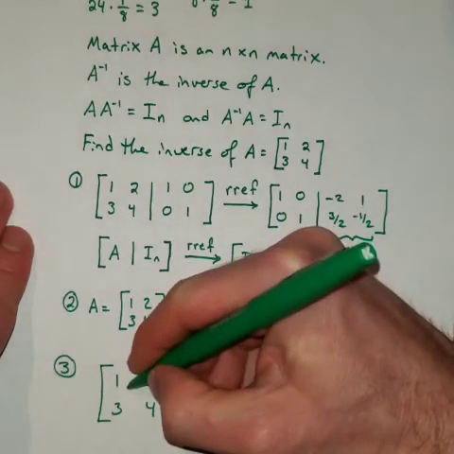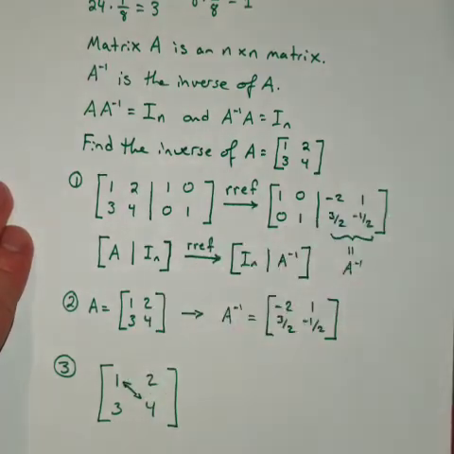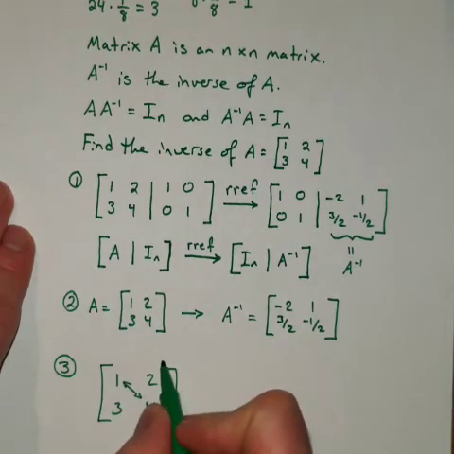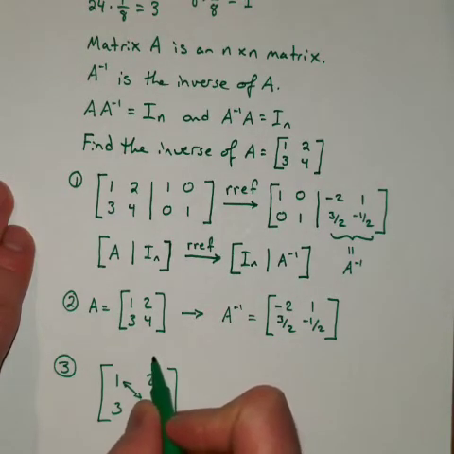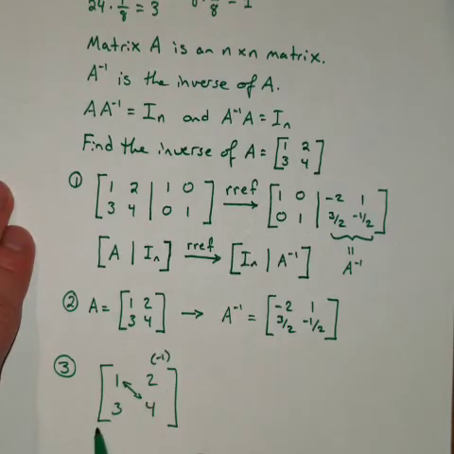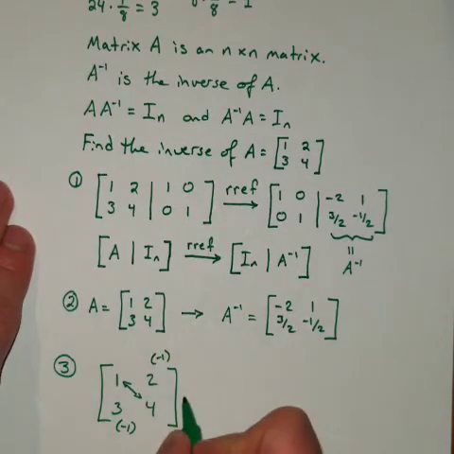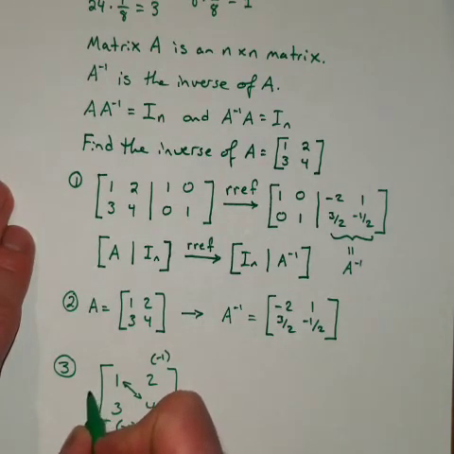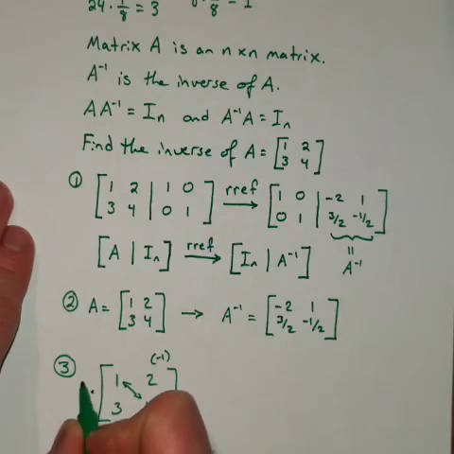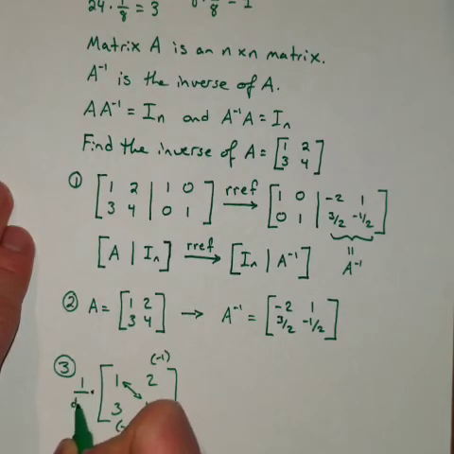Simply by swapping the 2 entries on the diagonal, then changing the sign, so you would multiply by a -1, changing the sign on the other 2 entries, multiply them both by -1, and then multiply the entire thing by the scalar 1 over the determinant.